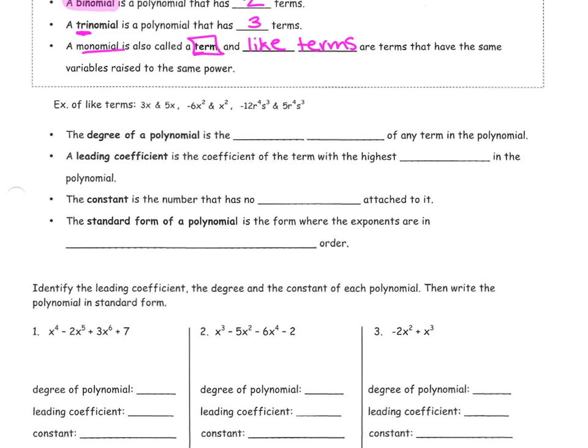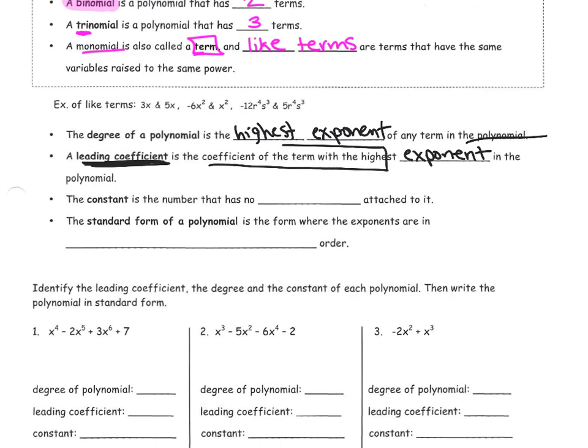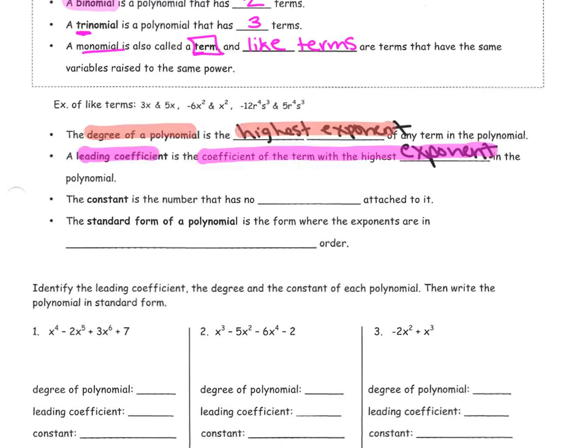The degree of a polynomial is just the highest exponent of any term in the polynomial. The leading coefficient is the coefficient of the term with the highest exponent. Let me rewrite that. Okay, moving on.